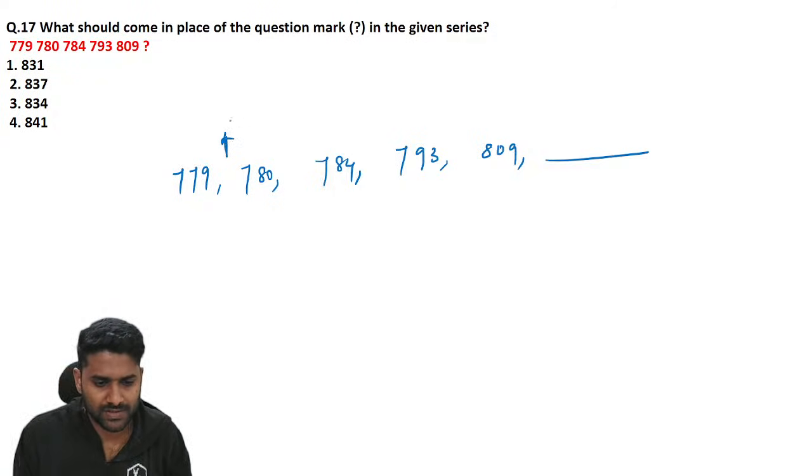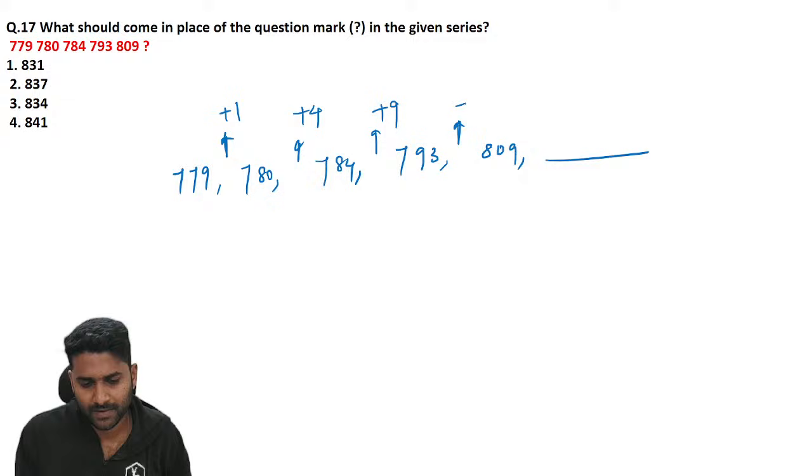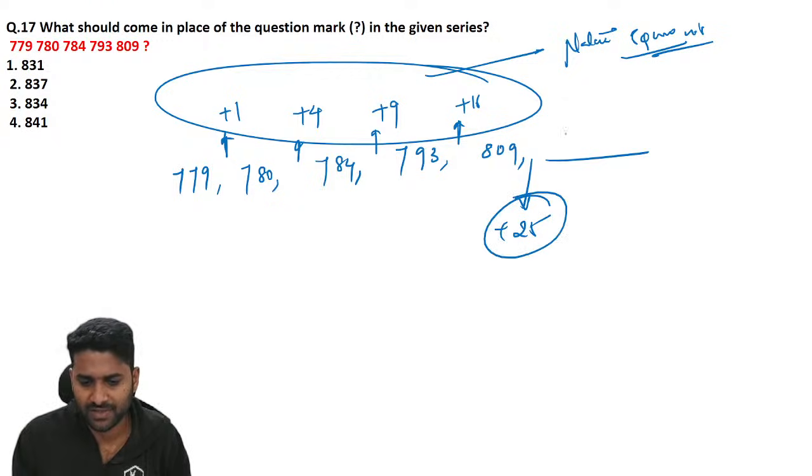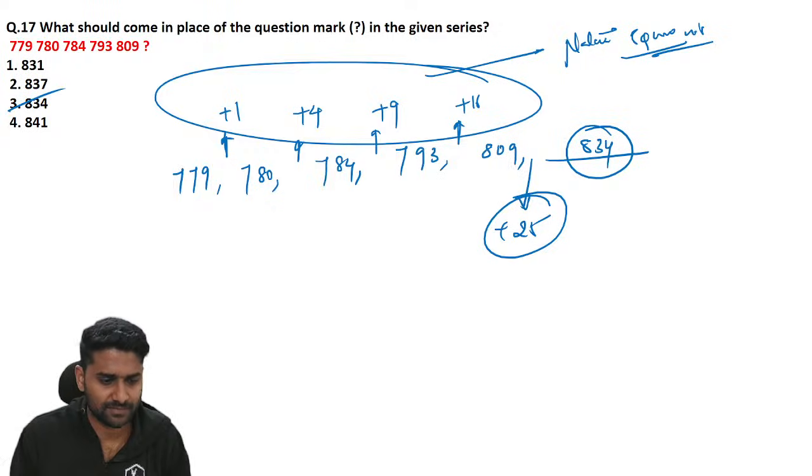You can see the differences are plus 1, plus 4, plus 9 and plus 16. So all are natural square numbers. Definitely for the next number we have to add 25. So here the answer is 834, the missing number.